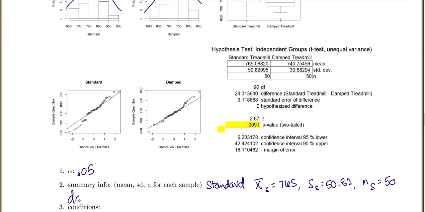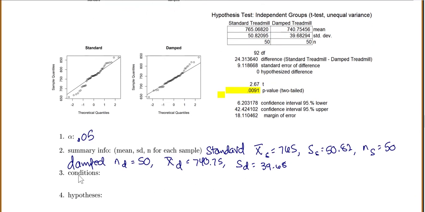For the damped, my sample size was 50 again. My sample mean for damped is 740.75, and my standard deviation for damped is 39.68.